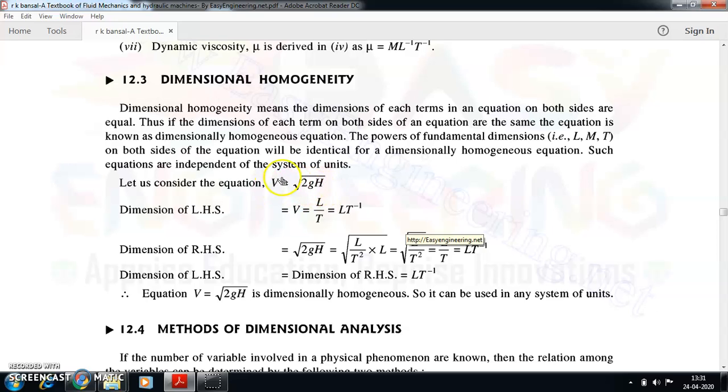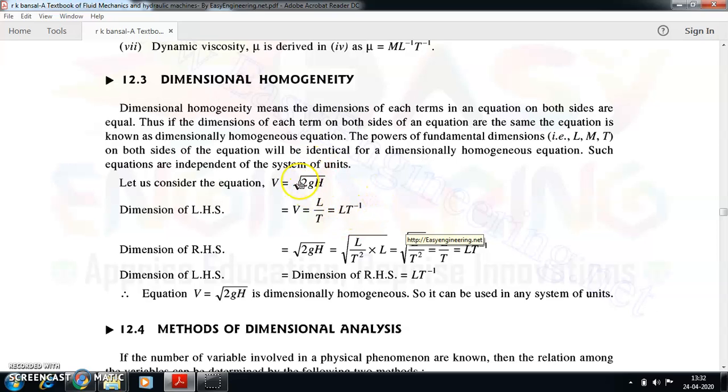You got it in your pitot tube experiment, right? If you take the left hand quantity or the variable, it is v. Put it in terms of fundamental quantities: L divided by T, right? It is displacement over time, which is velocity. So L into T to the power of minus 1 will come.